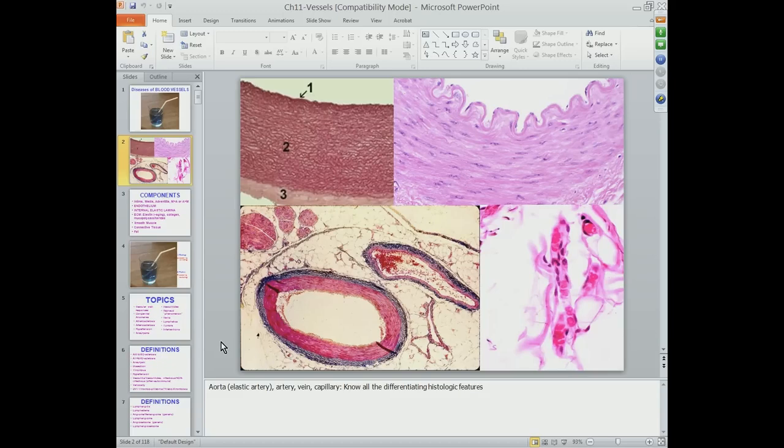Let's review our basic histology. And as you know, the entire cardiovascular system, all the way from the heart down to the smallest capillary and back again, is lined by a very special kind of cell called an endothelial cell. It is a flat cell.